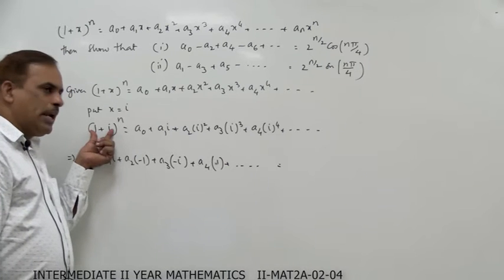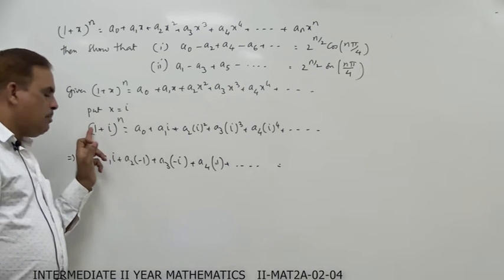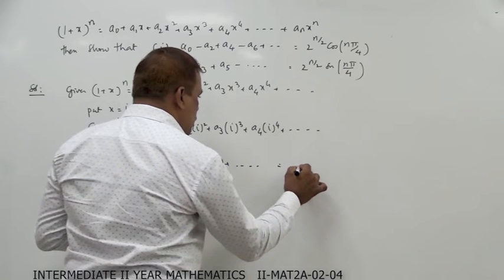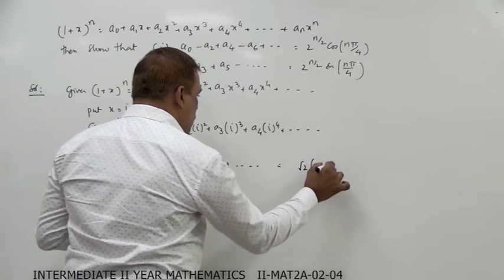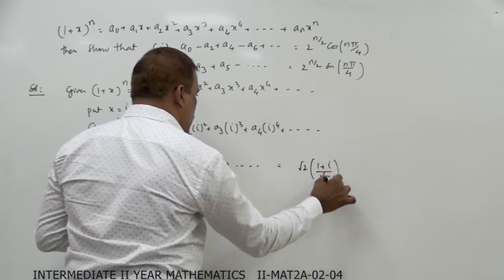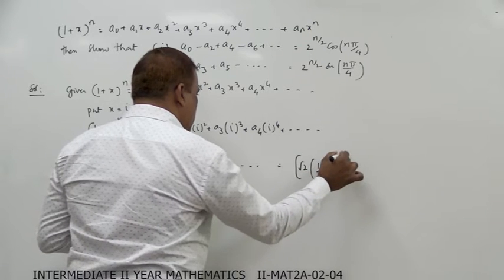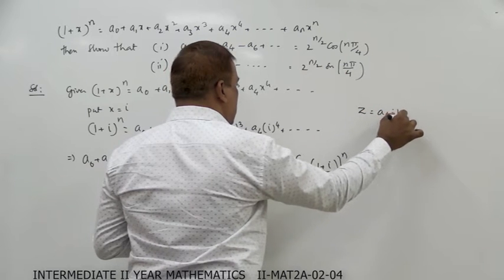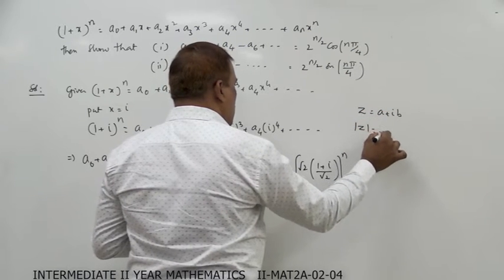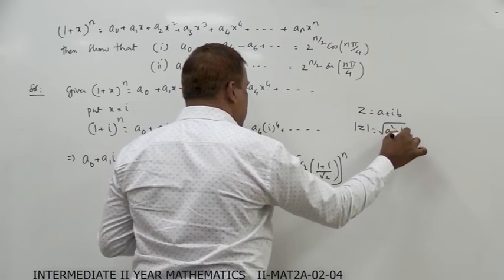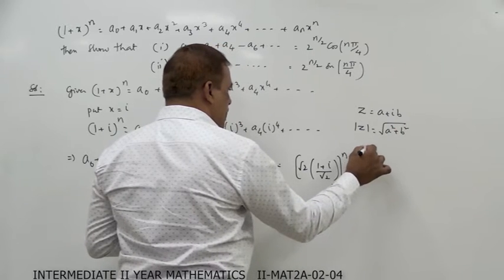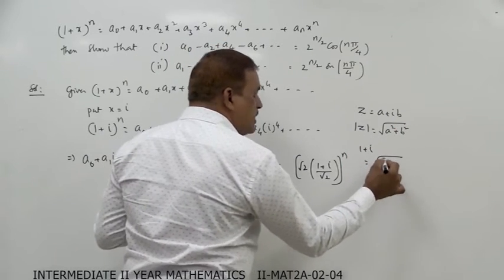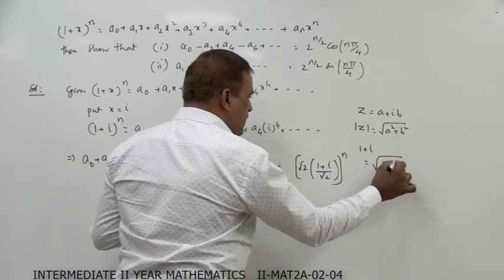For this, we multiply and divide with the modulus. Modulus for 1 plus i is root 2. Root 2 into (1 plus i by root 2) whole power n. For a complex number z is equal to a plus ib, mod z is root a square plus b square. Similarly, for the complex number 1 plus i, what is the modulus? The modulus is root of 1 square plus 1 square.